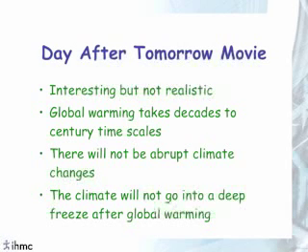They show global warming taking place over a few days, whereas in reality it'll take place over decades to century time scale. There will not be abrupt climate changes in the sense that they talk about them over days, but we've had abrupt climate change in the past.